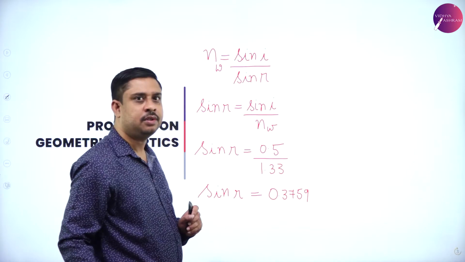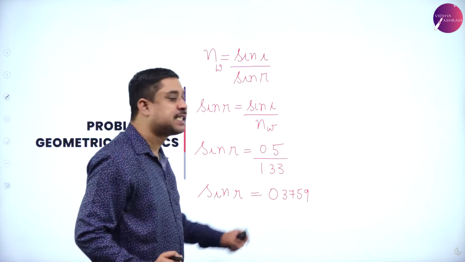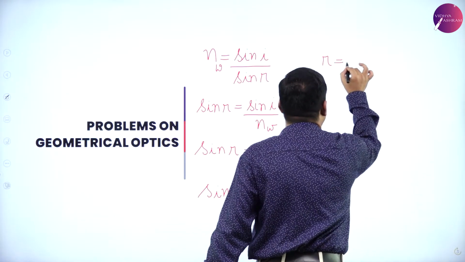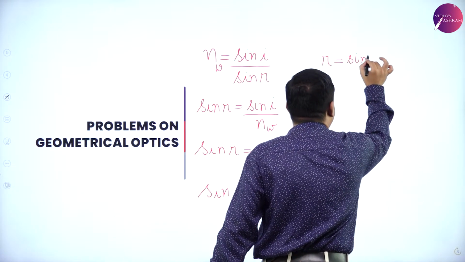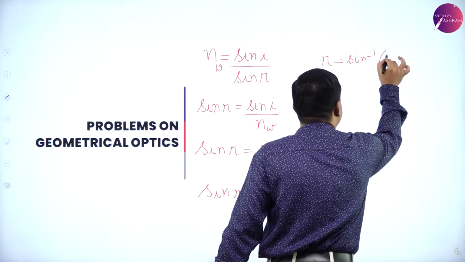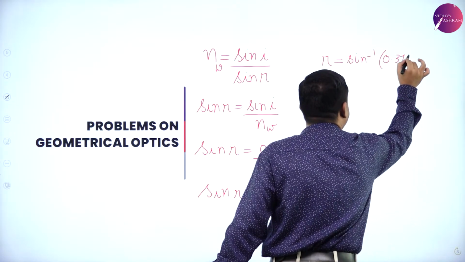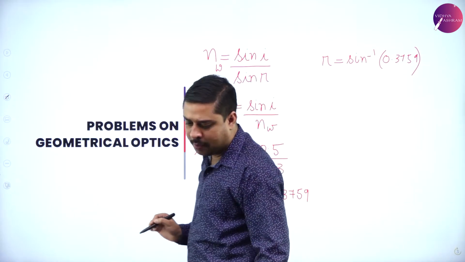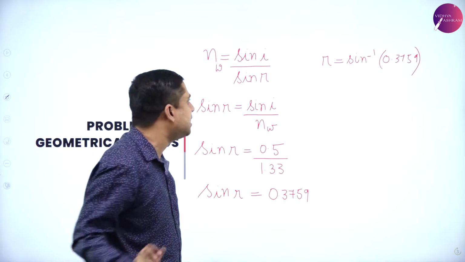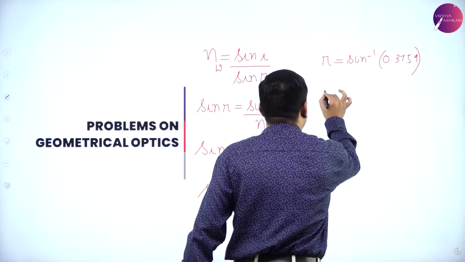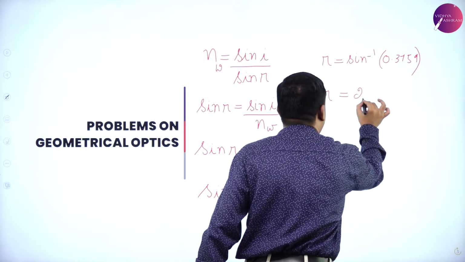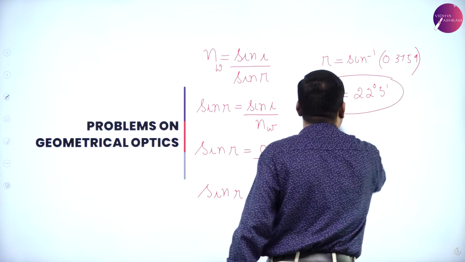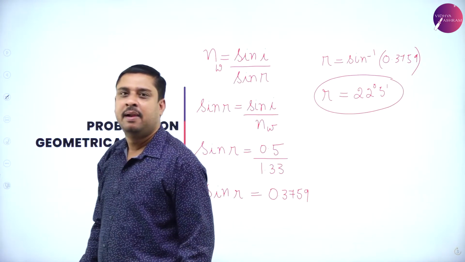0.3759. This is the value of sin R, which means R is sin inverse 0.3759, which turns out to be 22 degrees 5 minutes. So R turns out to be 22 degrees 5 minutes.